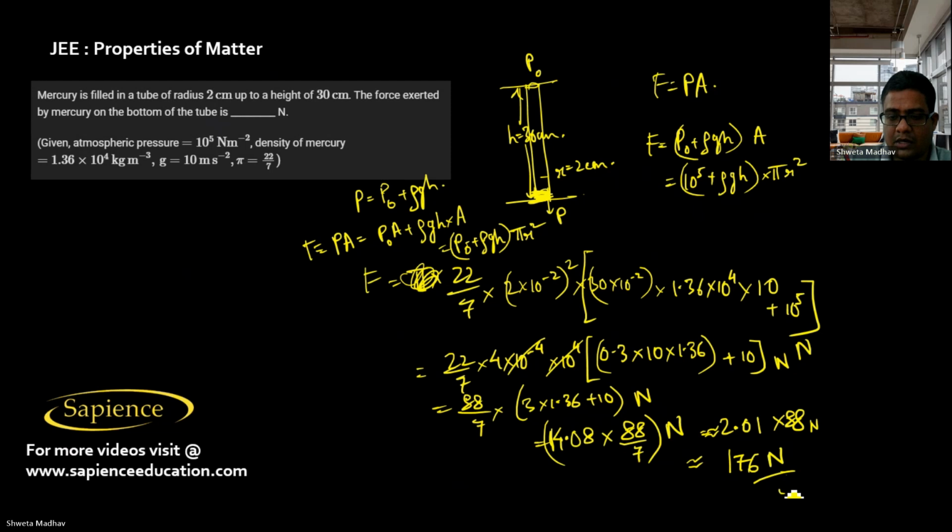The approximate value of the force exerted by mercury at the bottom of the tube is 176 Newton approx. We can say 177, so approximately 177 also we can take. 177 is the answer.